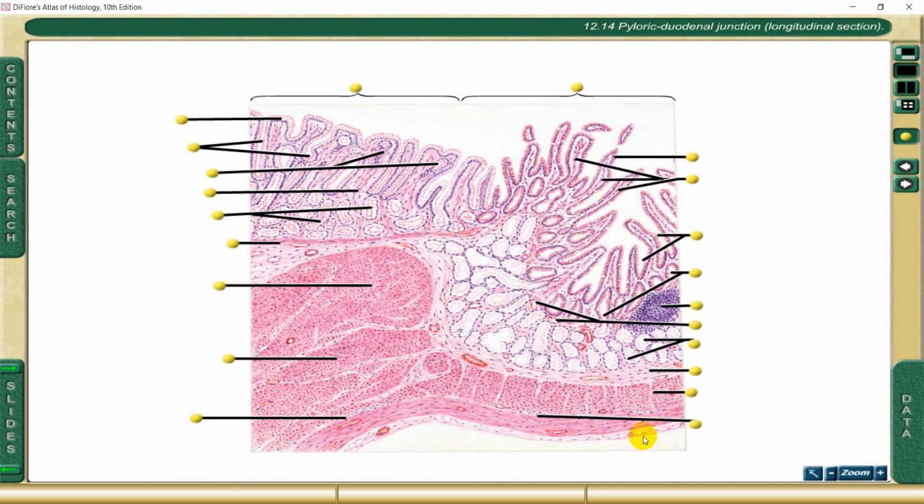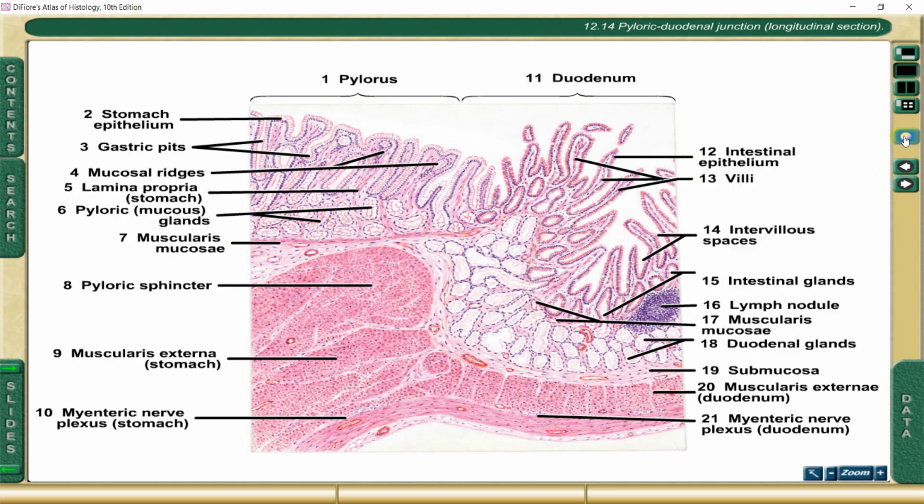In the duodenum there is the serosa and adventitia. This slide shows the pyloric or stomach duodenal junction. Thank you for listening.